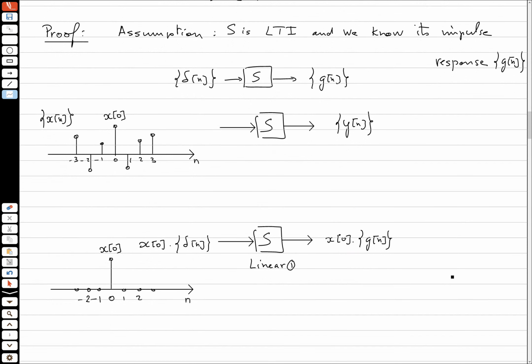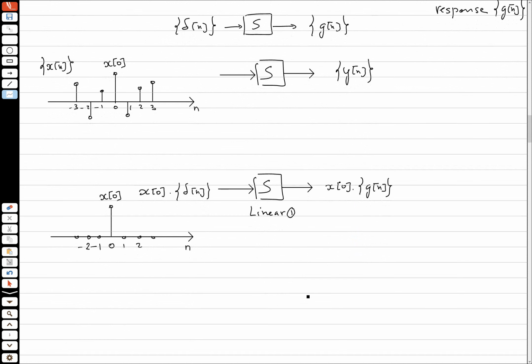All right, so now we are going to do something similar but a bit more challenging. I'm going to do something similar, copy and paste, but this time I'm going to extract this impulse.